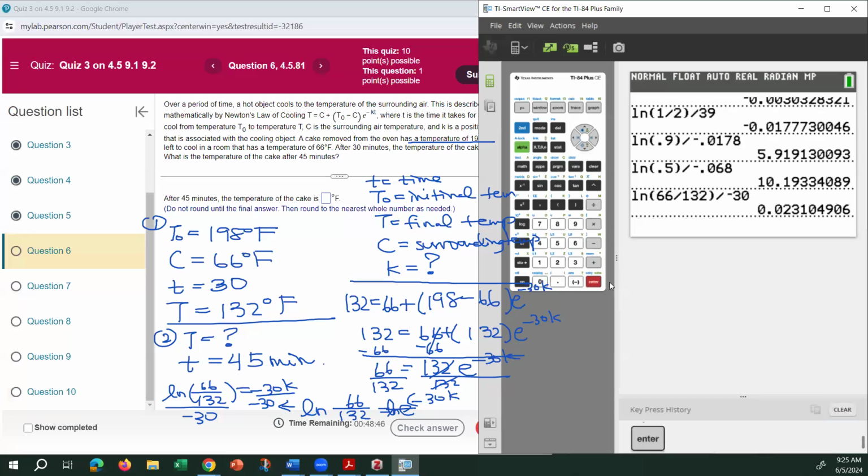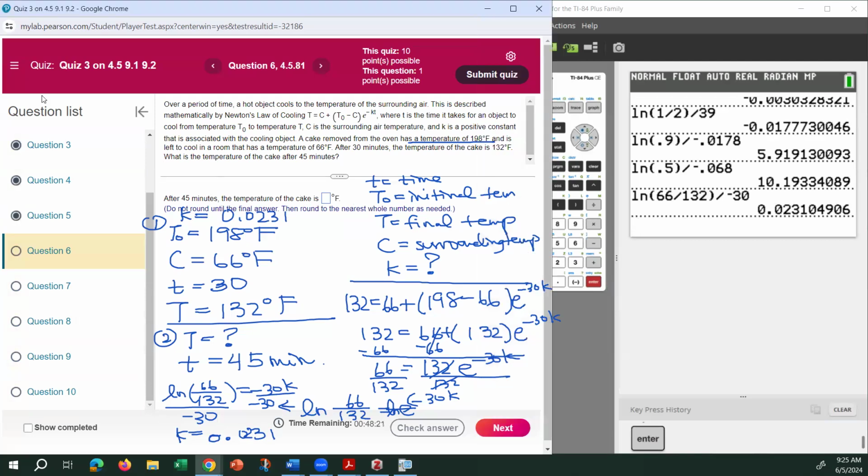Our k value that we found is positive 0.0231. I'm going to write that here, 0.0231. Okay, now we have to do part 2, right? We haven't done part 2, so we actually needed to find k to do this problem.